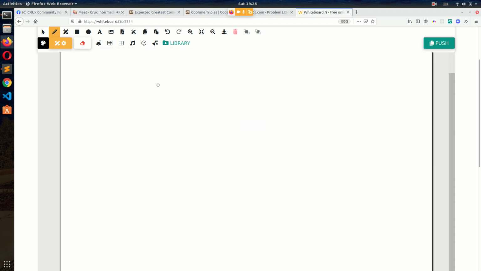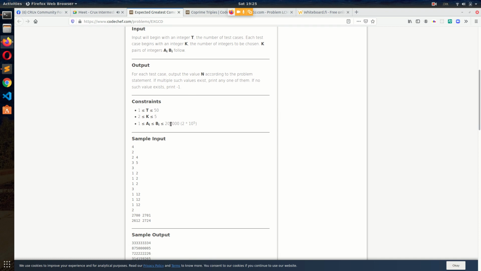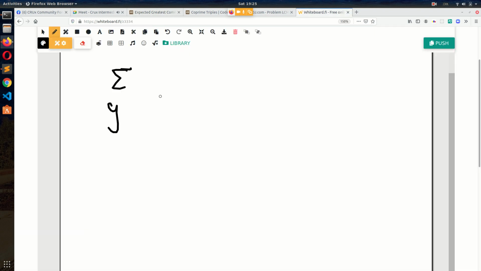So let's rewrite this sum a bit. Sigma over all g, and by the constraints of this problem, this g won't exceed 2e5, because all the bi's values are maximum 2e5, so g values will go from g equal to 1 to 2e5 max. We can denote max as 2e5 over here.